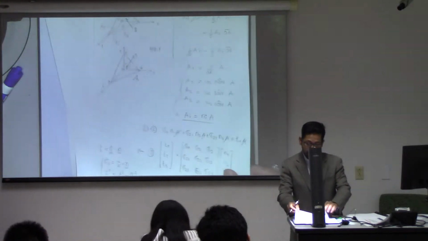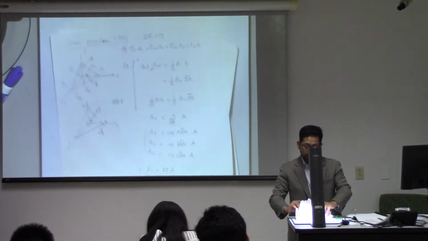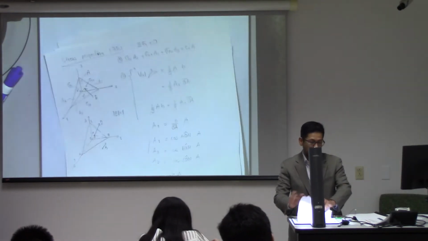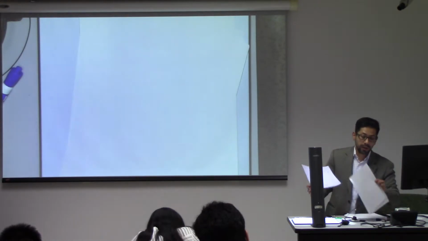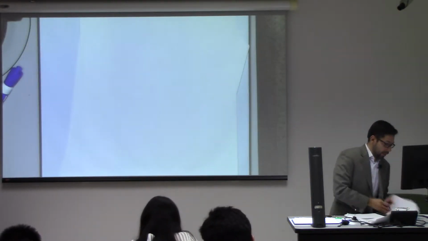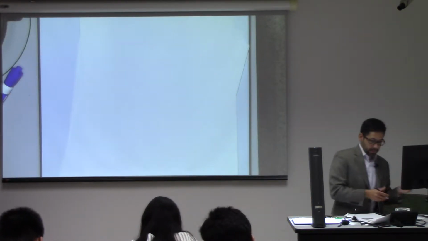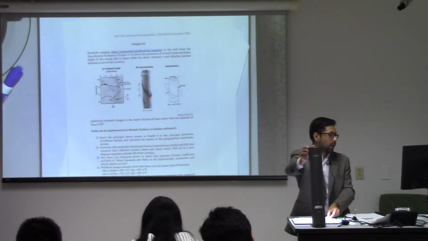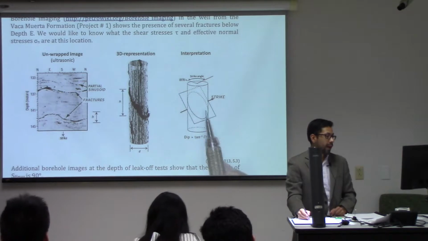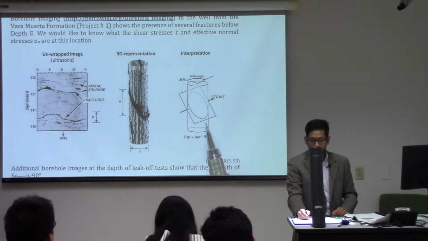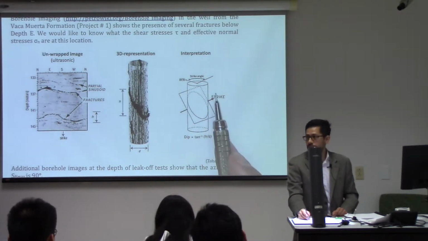Remember that in practice, let's see if now I find the page I was working on. No, I don't see it. In practice, we define the orientation of planes with respect to the north.